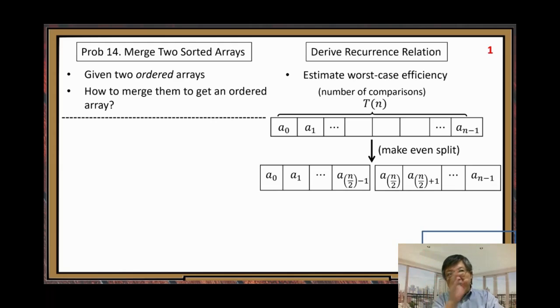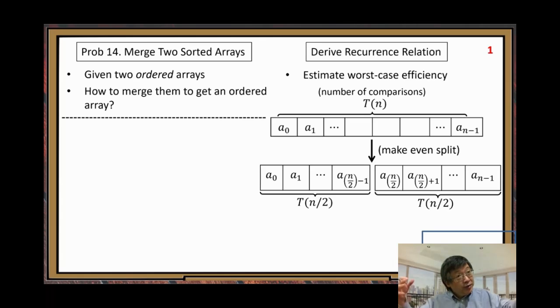Now if we estimate the number of comparisons for each subarray, we can use T(n/2) approximately. The second one has the same expression.